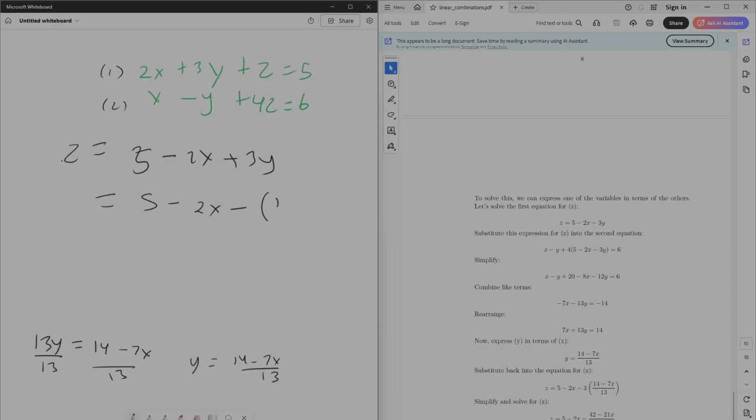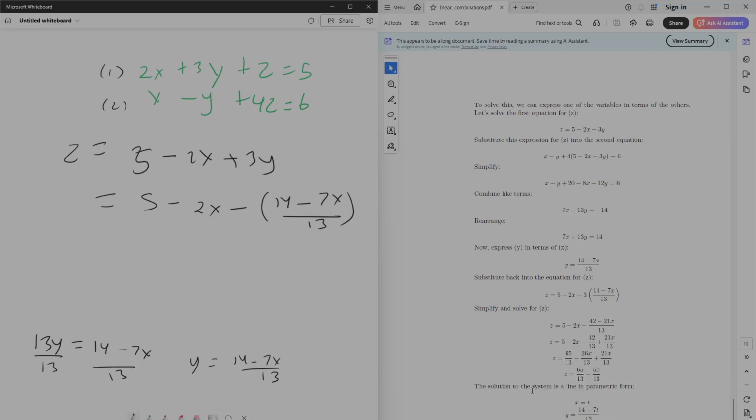Now we simplify. We can see on the screen that z is going to be equal to 65 over 13 minus 5x over 13.